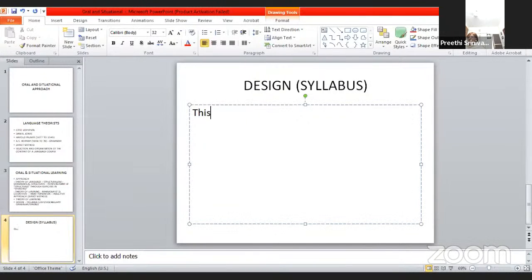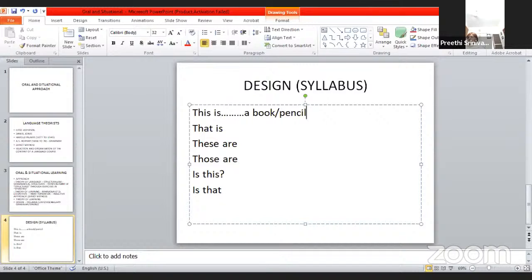The use of this is, that is, these are, those are, is this, is that, this is a book, pencil, that is the same thing.